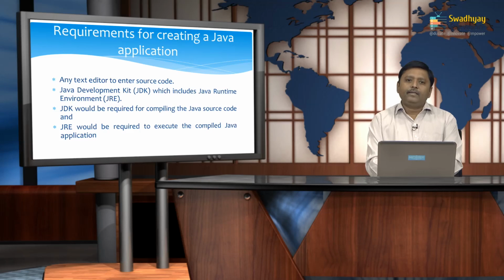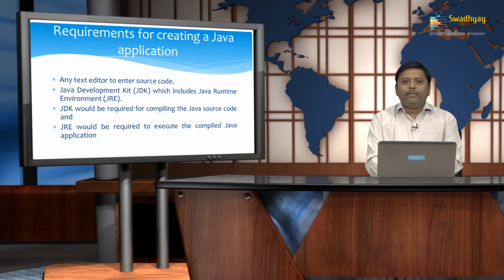Another requirement is the Java development kit. So, you need to install Java before running your Java application, and you also require the Java runtime environment, which is JRE. So, JDK and JRE are needed for your program. JDK is for writing your application and JRE is for running your application.